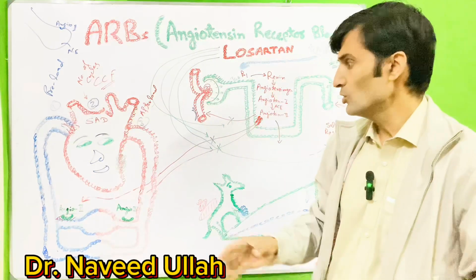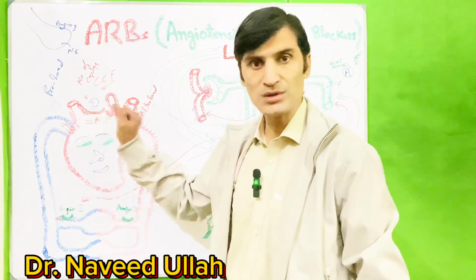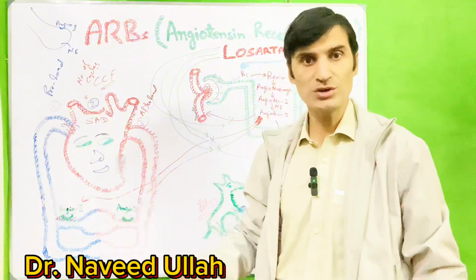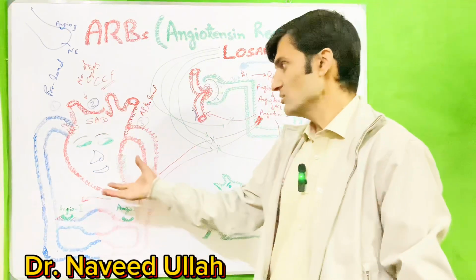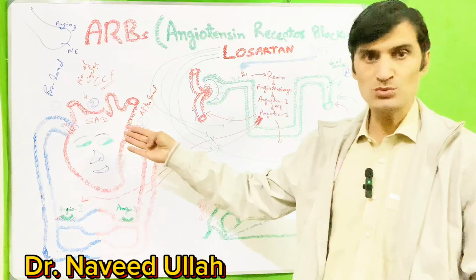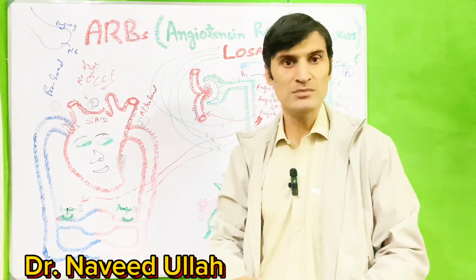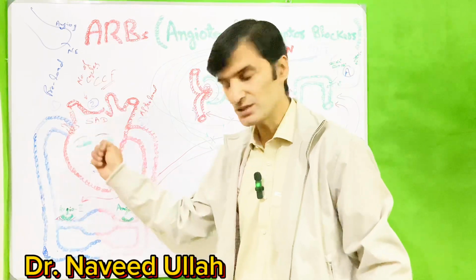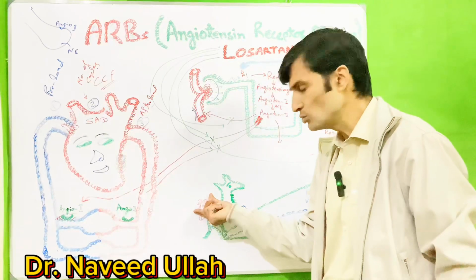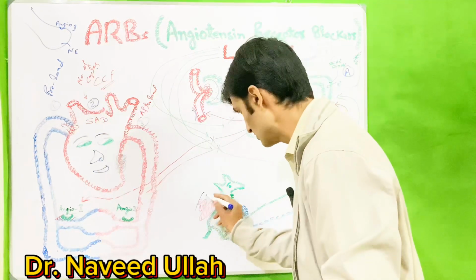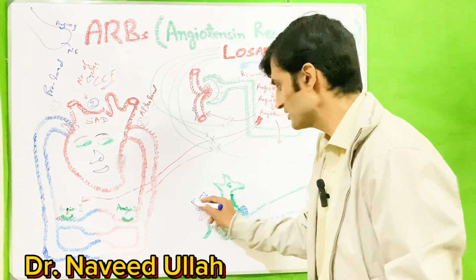So we will give rest to that heart instead of forcing it to work more and more. If we push less blood towards that heart, it will be a help to that heart. We will reduce the load on that heart.